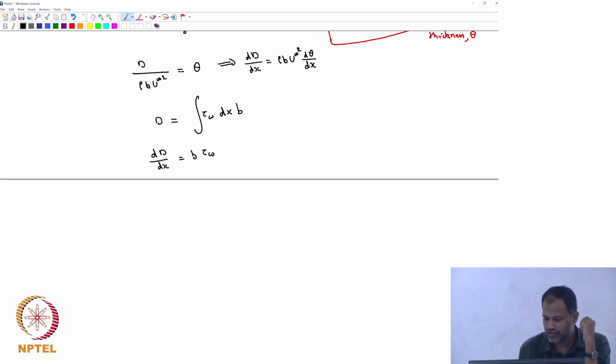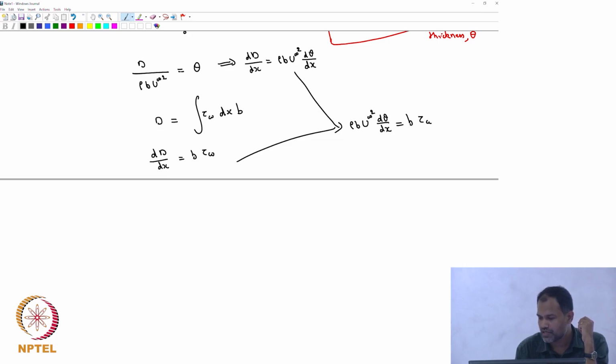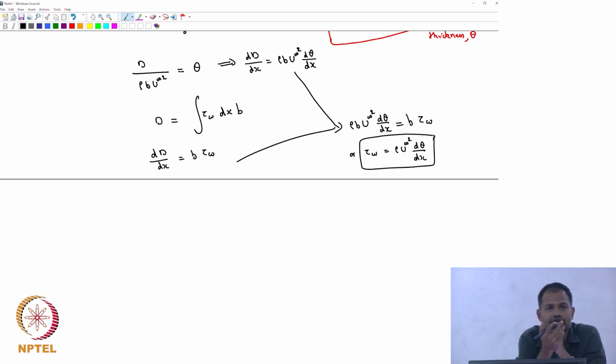Therefore if I use these two, rho b U infinity square d theta by dx is really b times tau w, or tau w is equal to rho U infinity square d theta by dx. So it's really rewriting the wall shear stress in terms of some derivative. It's just for manipulation.